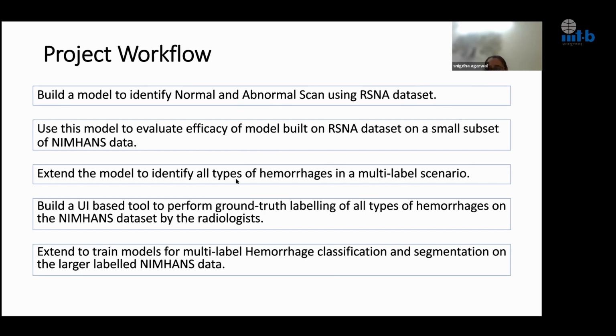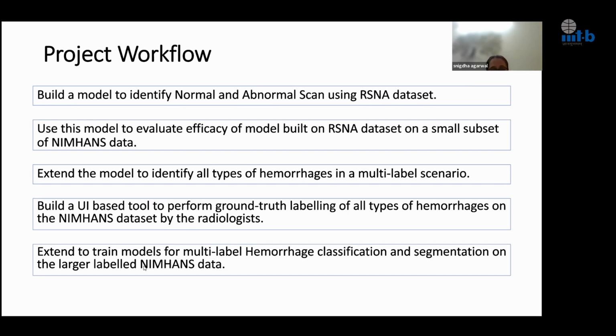We extend this model to identify all types of hemorrhages in a multi-label scenario. On top of this, we plan to build a UI-based tool to perform ground truth labeling of all types of hemorrhages, which the radiologists would label in the NIMHANS data set.